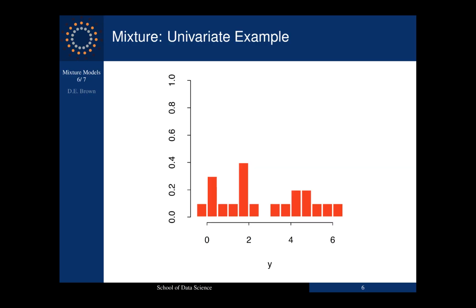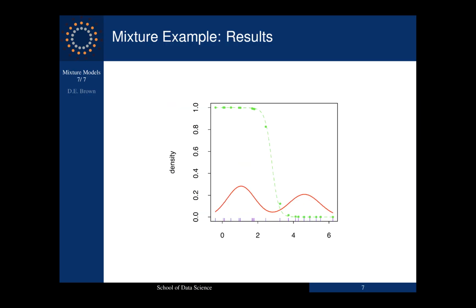Okay, so let's look at a simple example. This is the univariate example. So we've got two potential Gaussian distributions represented by these histograms along the axis here, the abscissa.